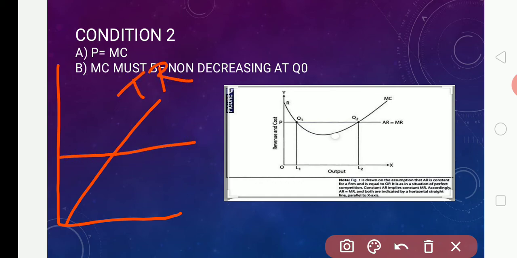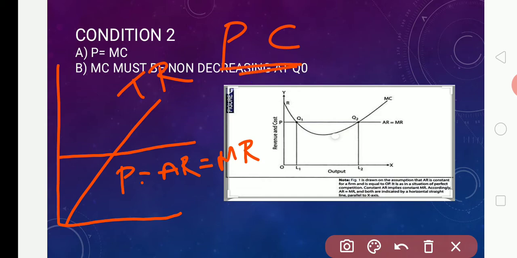This horizontal line is called the price line, also the average revenue line, and also the marginal revenue line. This is under perfect competition. Remember that. So this P is the price line, average revenue line and marginal revenue line.